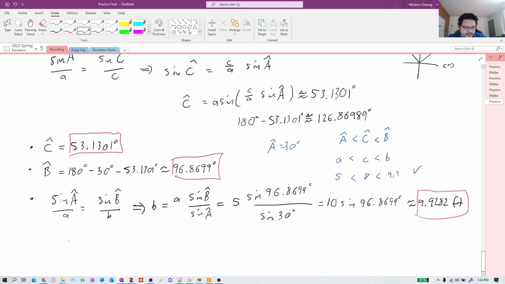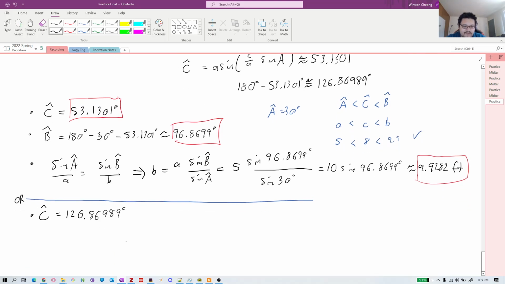All right. So we have this case, but remember that there's actually another case. So we kind of need to do the same thing for the other case. I'm going to just put a little separator. So in the other case, C is equal to the other angle we computed, which is over here, 126.8699, being very pedantic maybe. So just like before, we would calculate the angle.